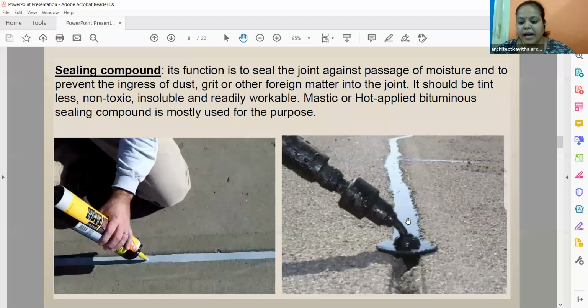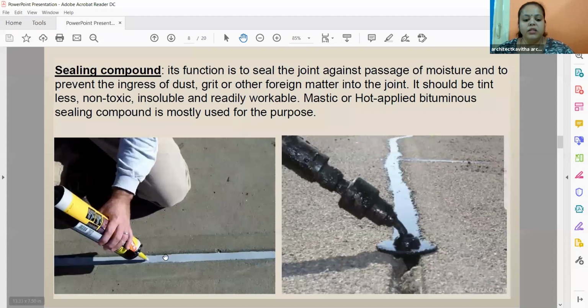So you will fill the gaps like this using a machine, or you'll get ready sealing compounds like this. This is more compressible. It is more elastic in nature. But this is expensive compared to tar. So if you need a cheaper one, you can go for tar. Especially in roads, they almost always use tar. And for buildings, they use this because this is more compressible.